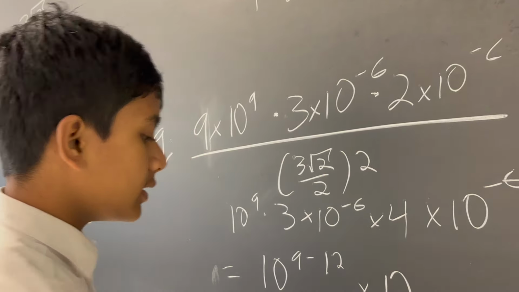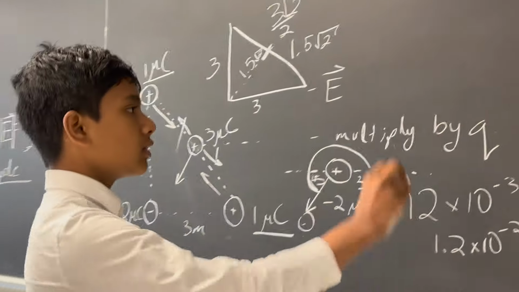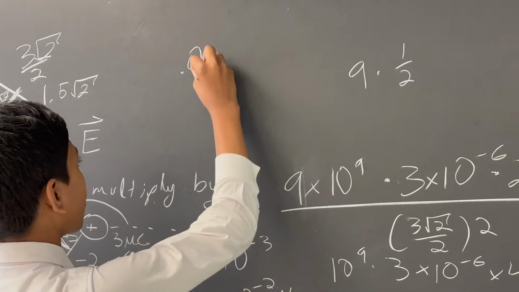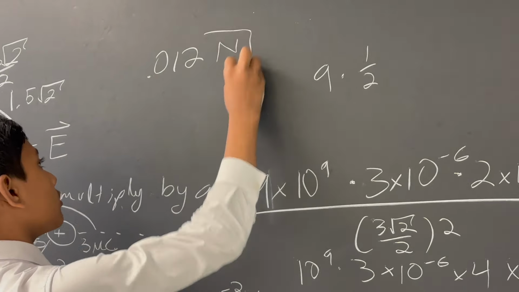So what is that actually? Well, it's 1.2 times 10 to the minus 2 newtons. Or if we were to write it out in a crude way, 0.012 newtons were being felt at this exact position.